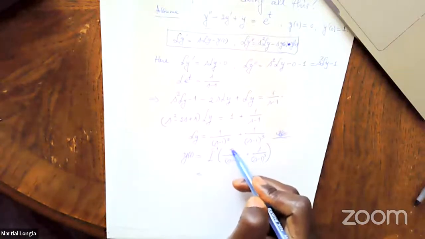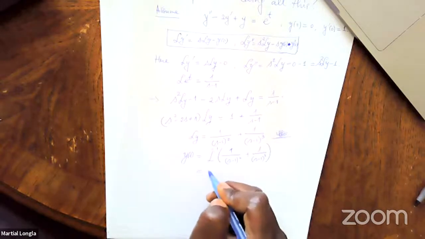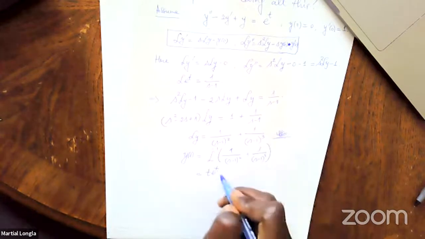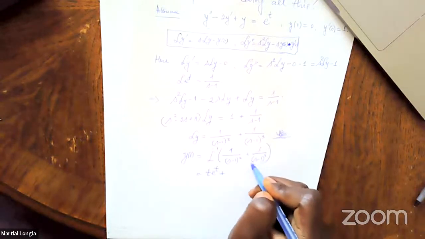Now look, what's happening? What's the inverse Laplace transform of 1 over s minus 1 squared? This you know. Is it t e to the t? Great. That's the first translation theorem, t e to the t. Plus, and this one, translation theorem again.